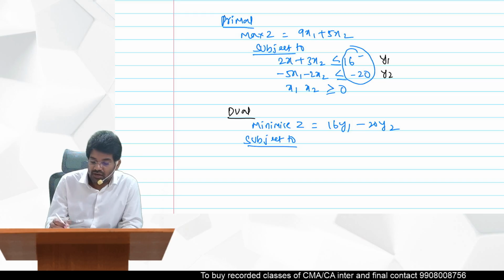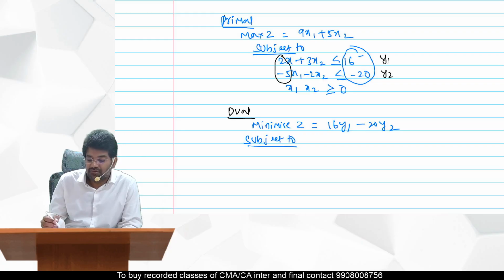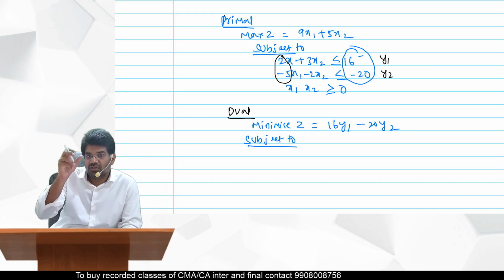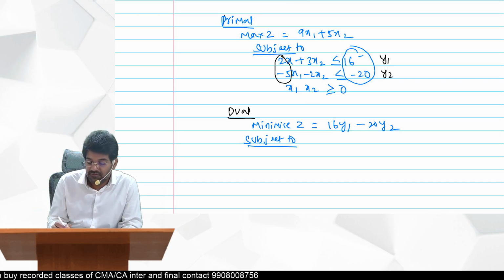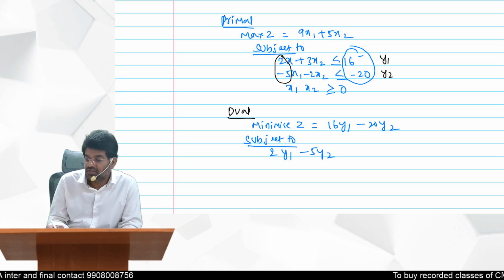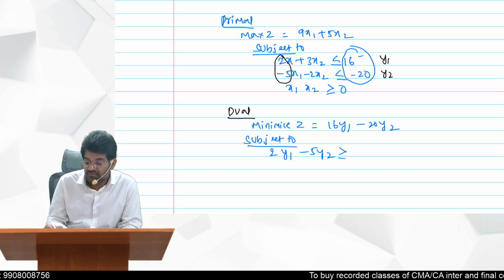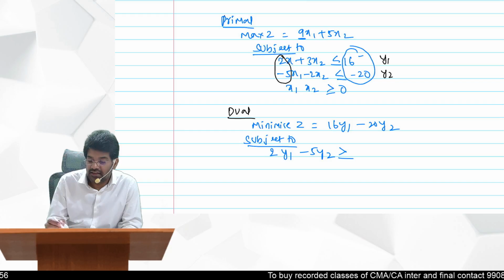Now your columns will become rows. So 2y1 minus 5y2 greater than or equal to 9.